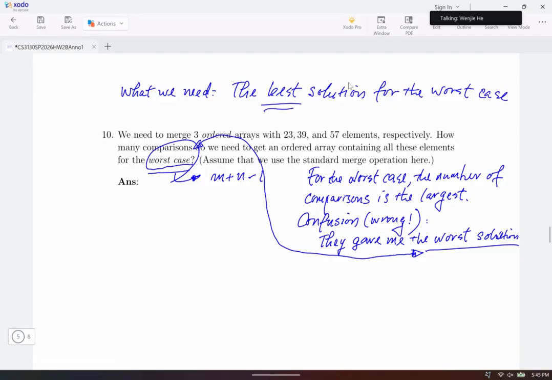Because nobody wants the worst solution. People always want to find the best solution. Nobody wants to find the worst solution. So for the best solution, we target the worst case. Try to compare the different meanings. Because to answer question number 10, you need to make the decision, which one is the right way.